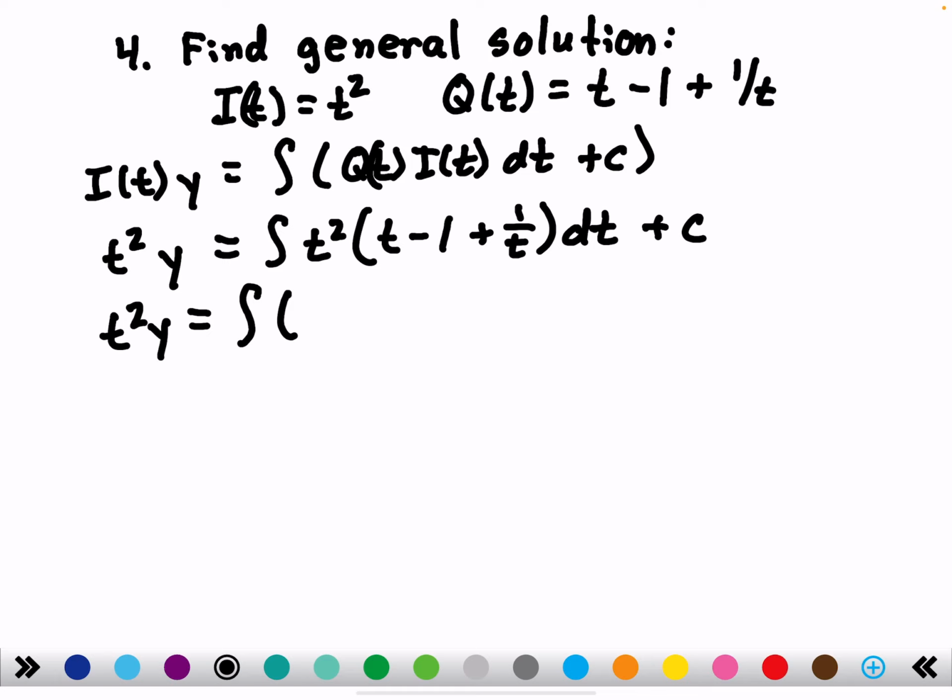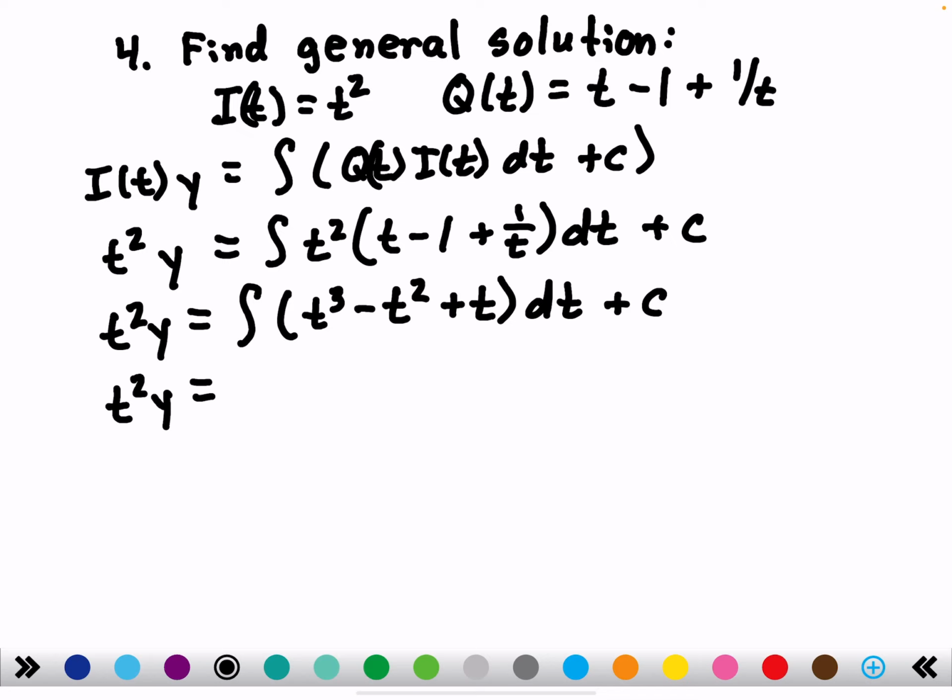So distributive property, t squared times t is t cubed. T squared times negative 1 is negative t squared. T squared times 1 over t is just t. dt plus c.